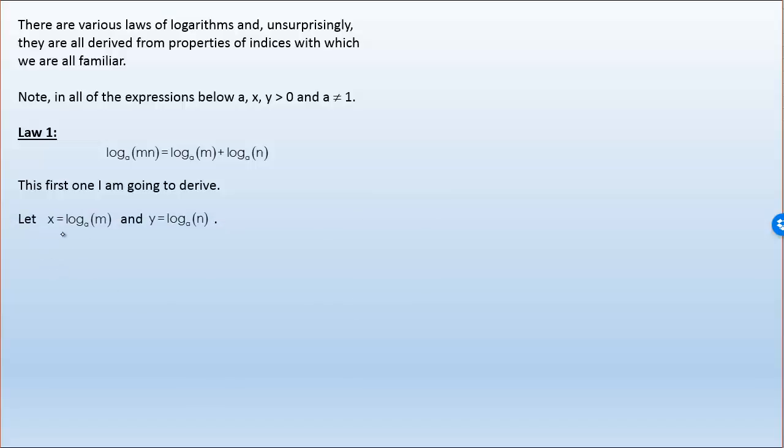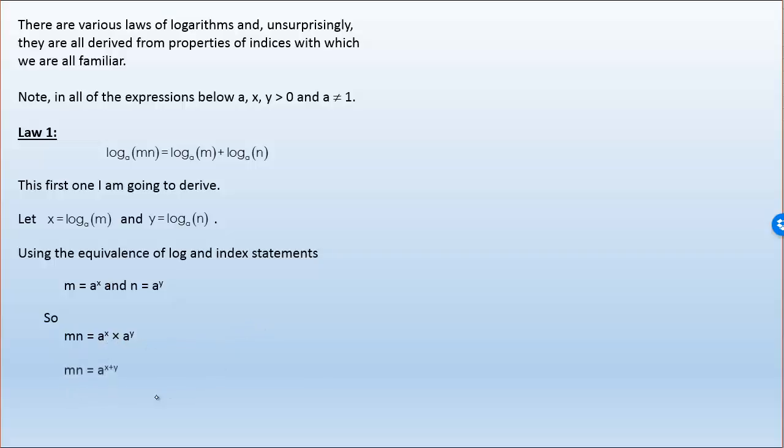So if we let x be equal to log to the base a of m, and y be log to the base a of n, using the equivalence of log and index statements, we can say that m is equal to a to the power x, and n is equal to a to the power y. So mn is a to the x times a to the y, therefore mn is equal to a to the x plus y, using an index law that we know well.